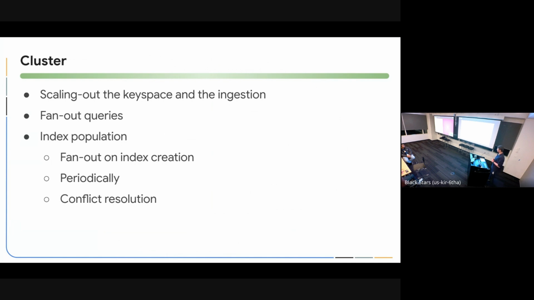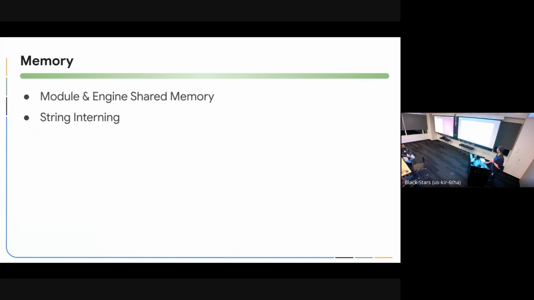We also support conflict resolution, which guarantees that we would end up in a consistent state, such that no two nodes that are doing conflict resolution independently might end up deciding how to address the conflict differently, and we would end up in an inconsistent state.